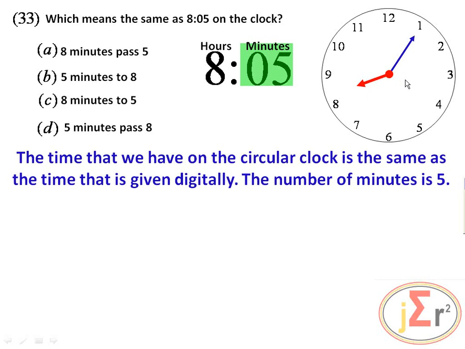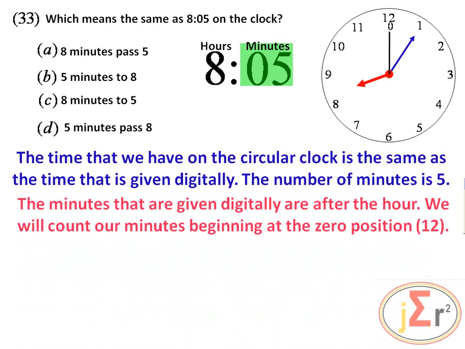How do we know that it is 5 minutes? Because we are looking at the minute hand, and this is the 0 position. Any movement between digits on the circular clock, if it is by the minute hand, is a movement of 5 minutes. So 0 minutes and then 1 click, we have 5 minutes.